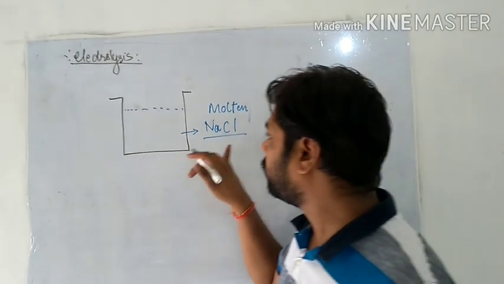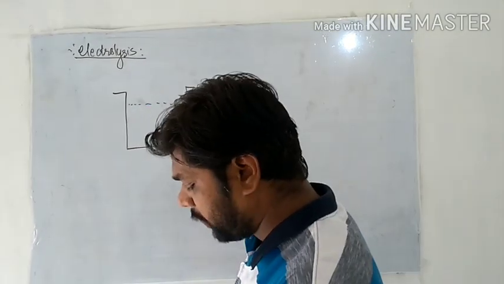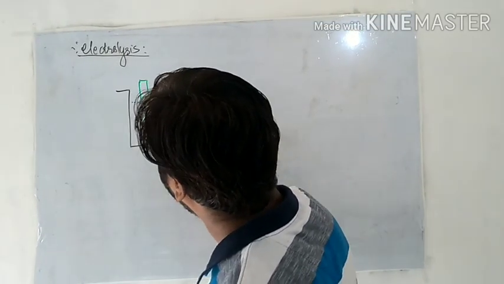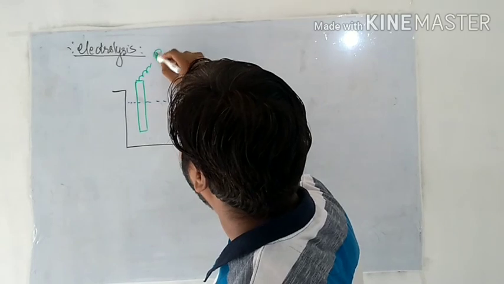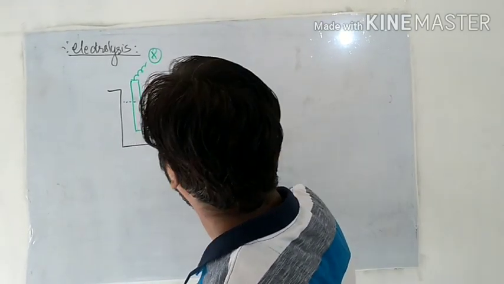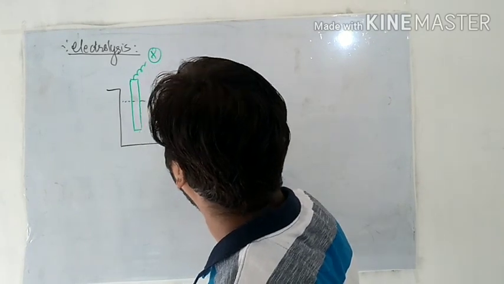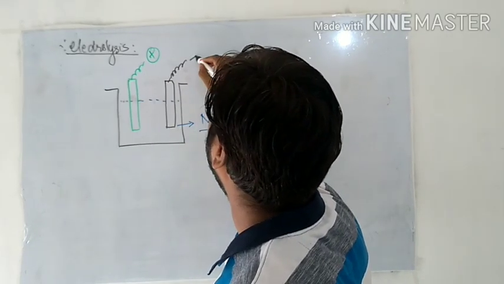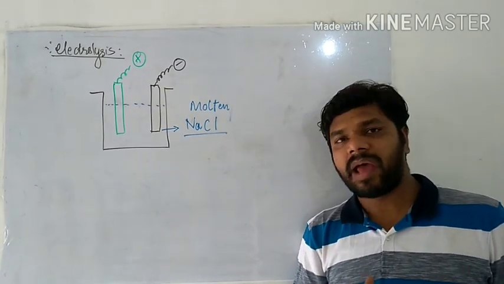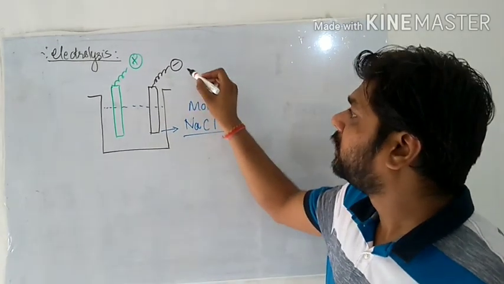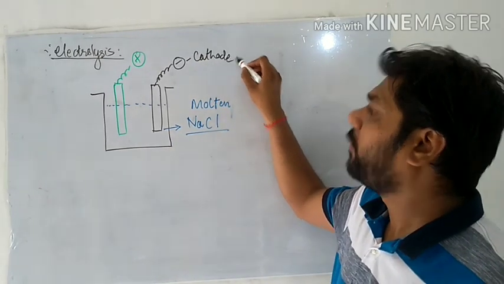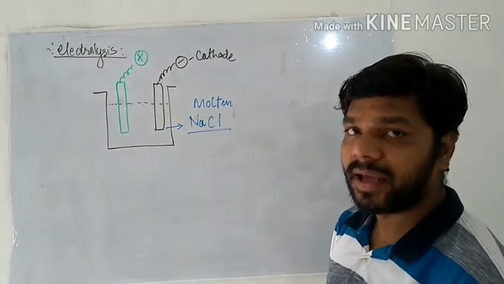We put some electrodes in it, the positive one and the negative one. Unlike the electrochemical cell, here the negative one is called cathode and the positive one is called anode.